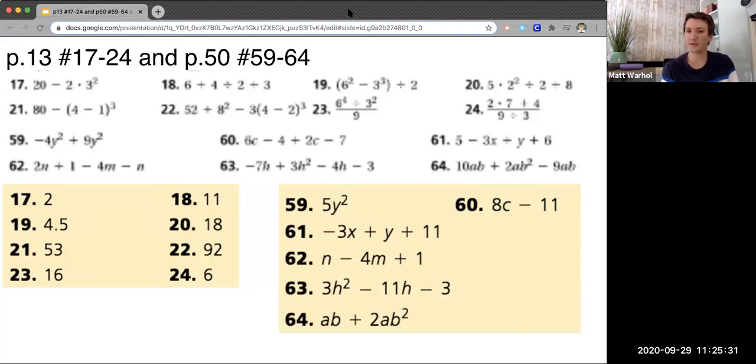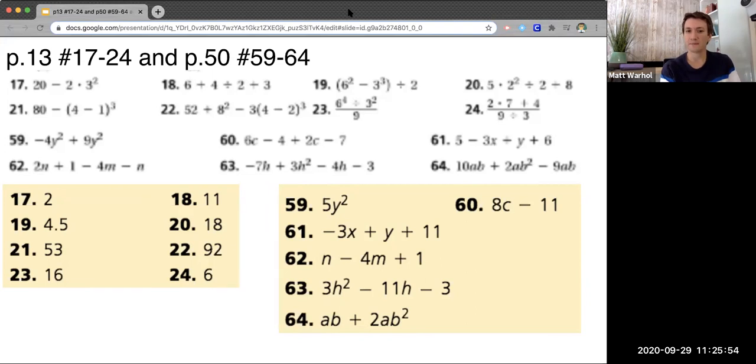61, we get negative 3x plus y plus 11, or you could just rearrange that in a different order. Like you could have 11 minus 3x plus y. That's good too. Number 62, we get n minus 4m plus 1, or you could have n plus 1 minus 4m, just in different order.